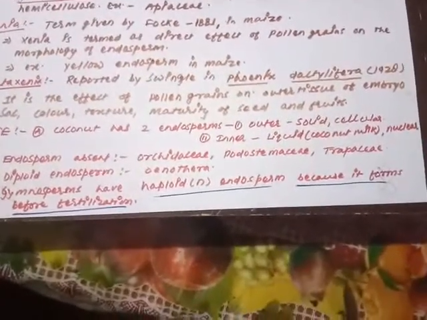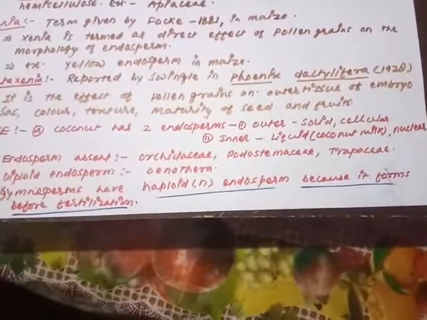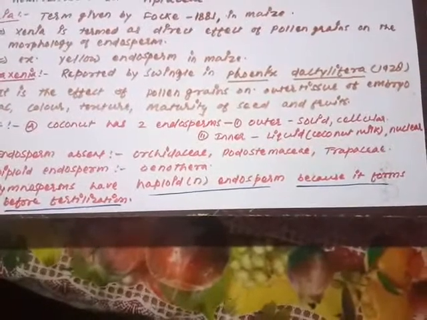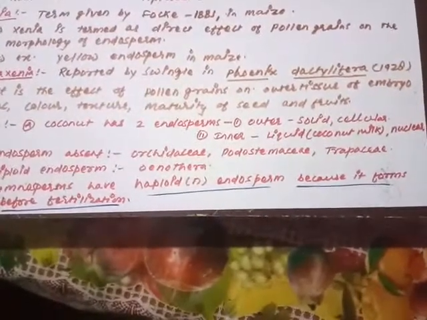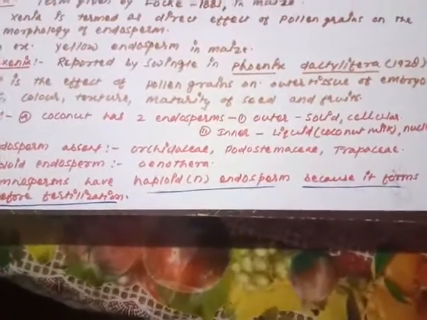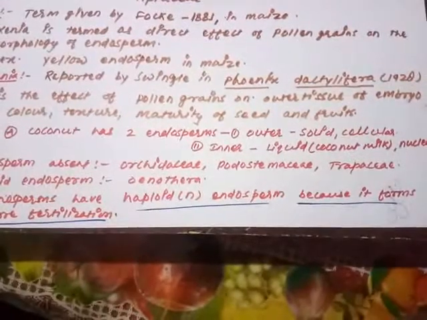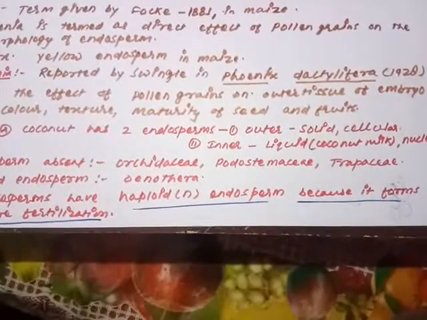The coconut has two types of endosperm, the outer one and the inner one. The outer one is the solid endosperm, that is the kernel, and the inner one is the liquid endosperm, that is coconut milk or coconut water. What is specific about it? The solid endosperm or kernel is a kind of cellular endosperm, while the liquid endosperm is a kind of nuclear endosperm.